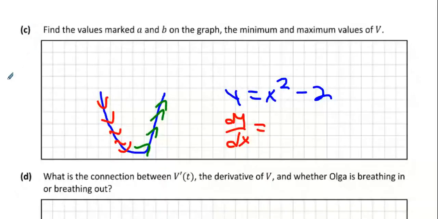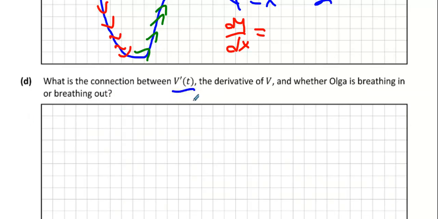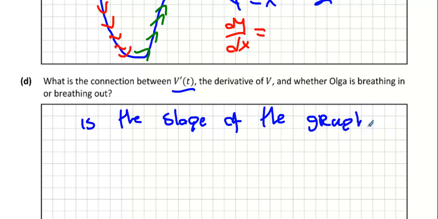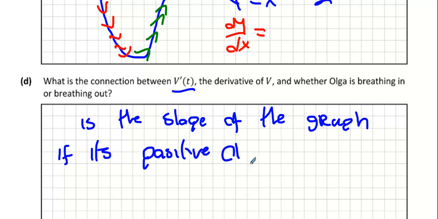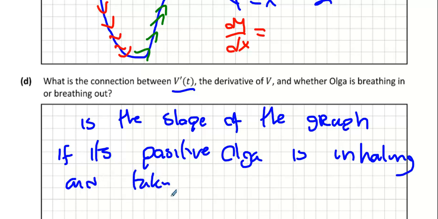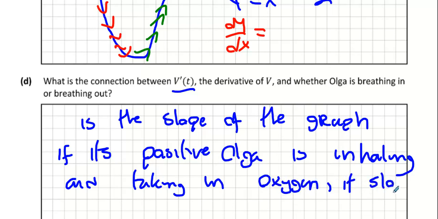So therefore, in this question, first derivative is the slope of the graph. If it's positive, Olga is inhaling and taking in oxygen. And if the slope is negative, sorry, I should have said first derivative.